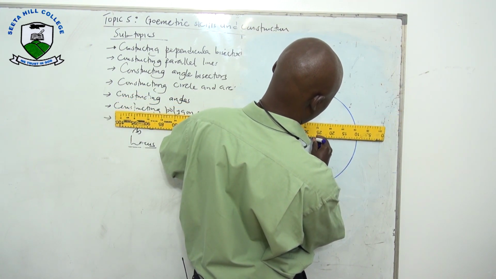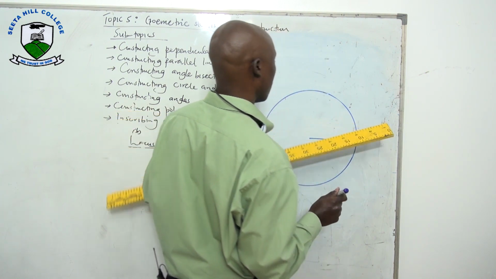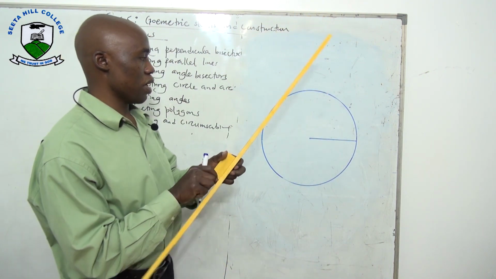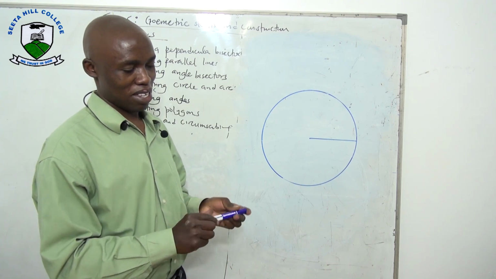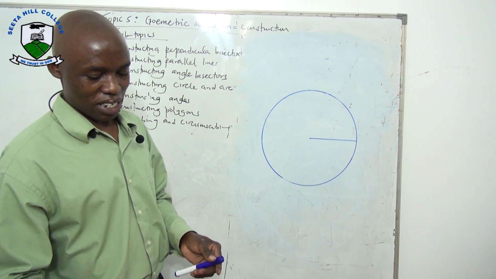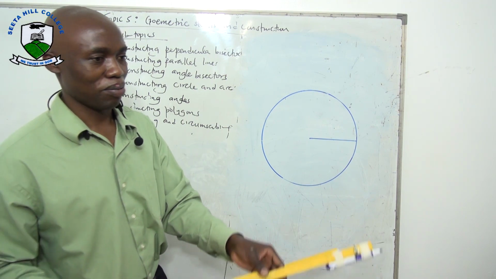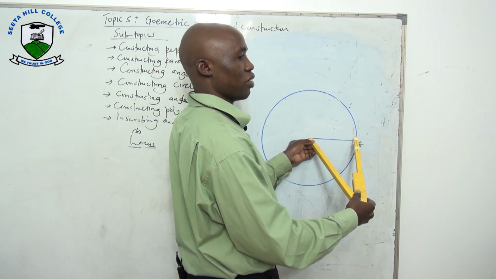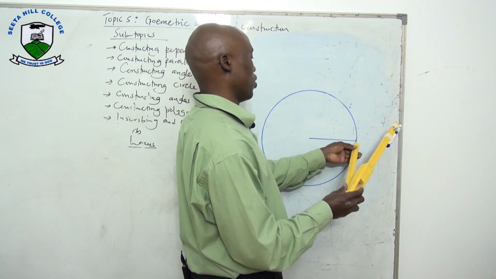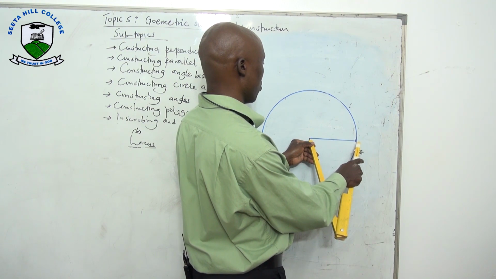Now let us make the last arcs without changing your radius. Have to stay with this radius the same.